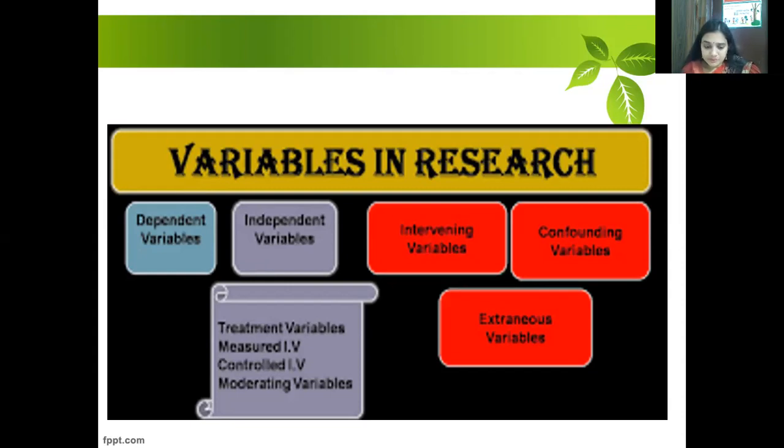Then next is moderating variable. Moderating variables change the relationship between dependent and independent variable by strengthening or weakening the intervening variable's effect. The variable we just discussed, intervening variable, that is nothing. But when we introduce a moderating variable, that might change the quality of intervening variable, and due to that, there might be effect on dependent variable as well.